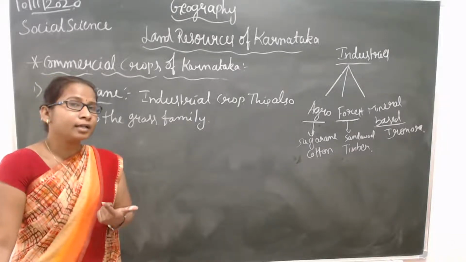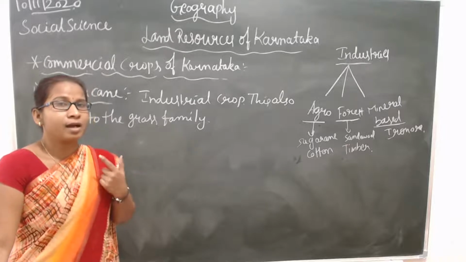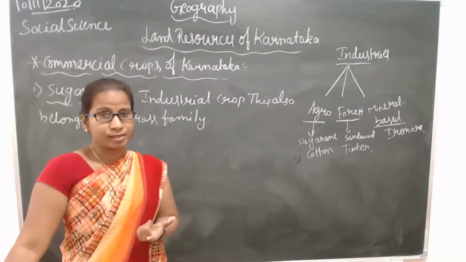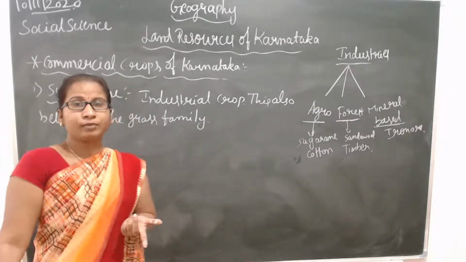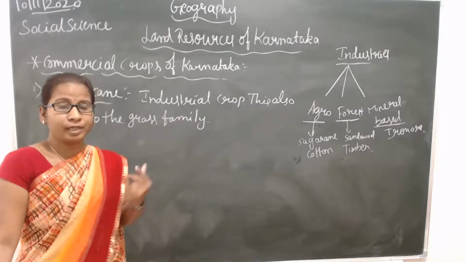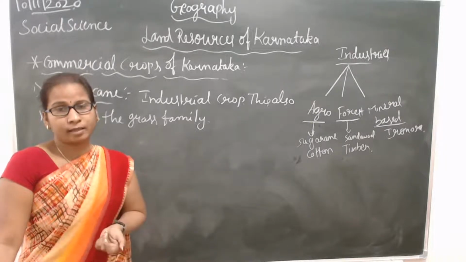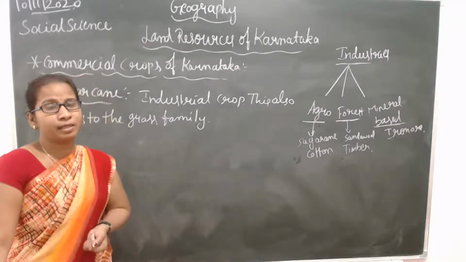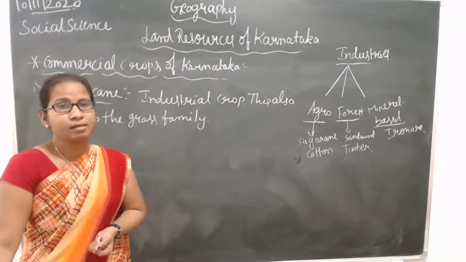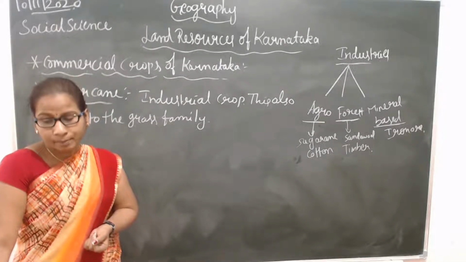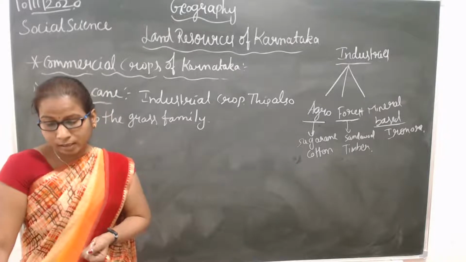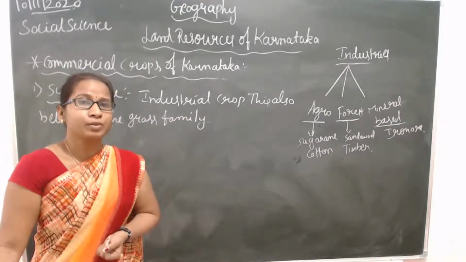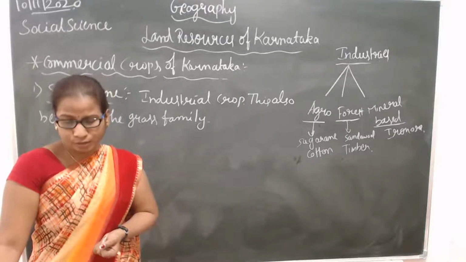It requires high temperature and heavy rainfall. Wherever the temperature is high and there is heavy rainfall, sugarcane can be grown. The soils required for sugarcane are red soil, black soil, and sandy loamy soils. These are suitable for growing sugarcane.